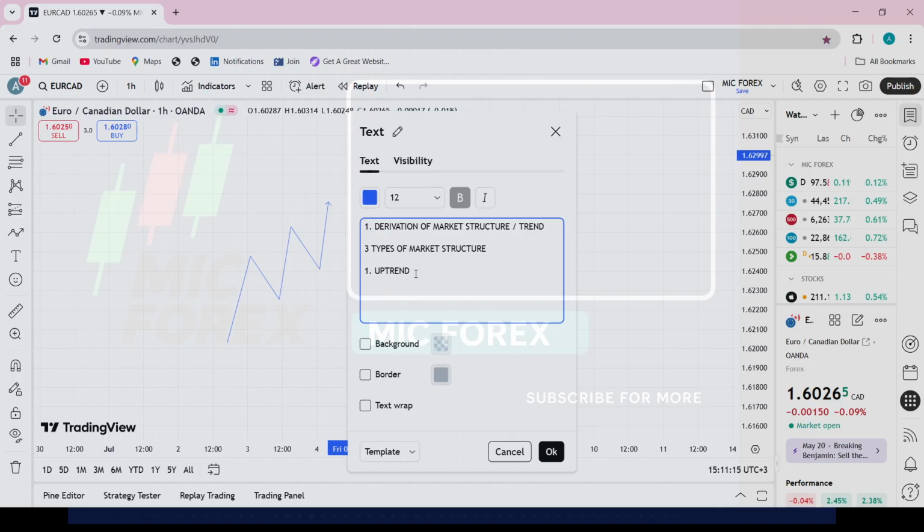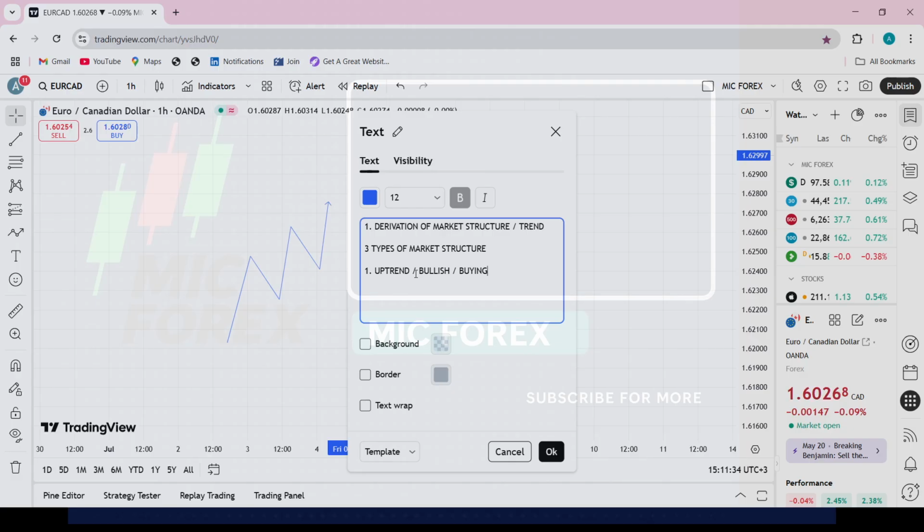So we have uptrend. Uptrend market is also called bullish. If I tell you that this particular market structure is bullish, I mean that market is uptrend. In other words, it is going up, it is buying. These are buying market setups.